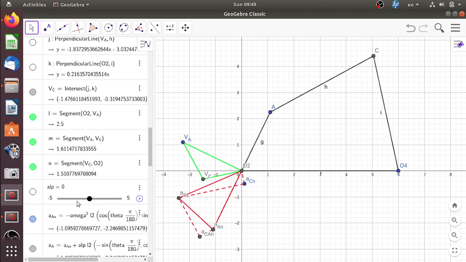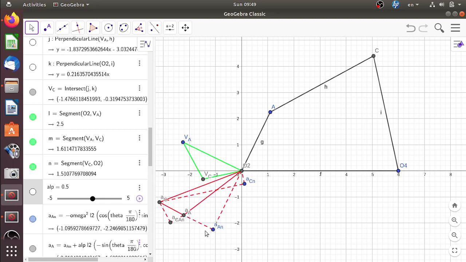If there is a tangential component, which means alpha is not equal to 0, then let me change the alpha value to maybe 0.5. Now this is the normal component, and this dashed line segment is the tangential component.